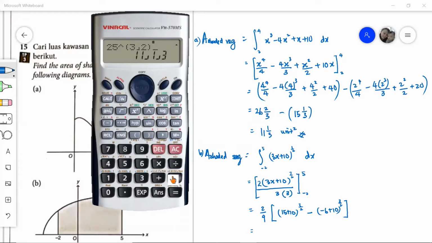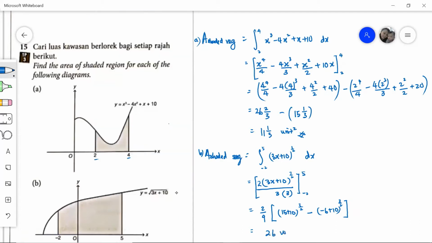And then minus negative 6 plus 10 is 4, so we have 4 raised to the power of 1.5. Don't forget the final answer: we multiply with 2 over 9. So the answer is 26 units squared.